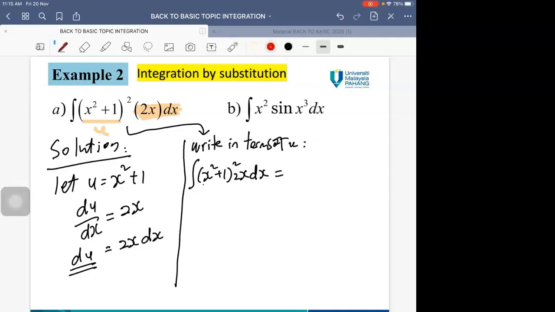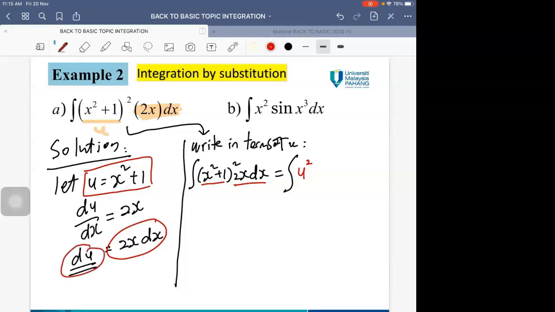This x squared plus 1 is actually u, so it becomes u squared. And 2x dx, baki dekat situ, I can write in terms of du. So now it's easy for us to integrate.